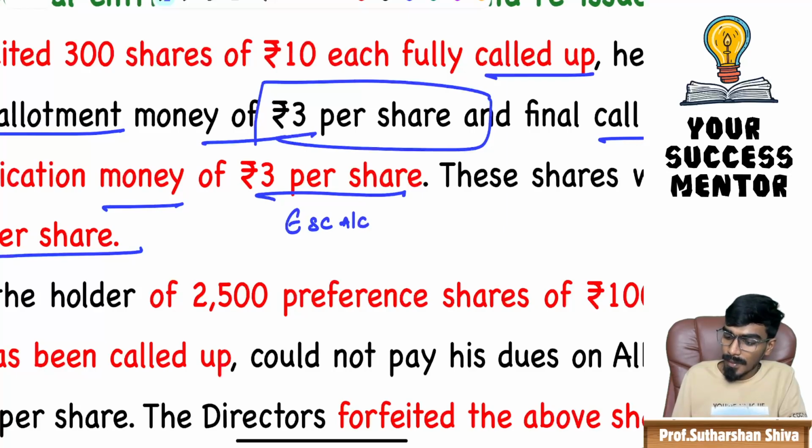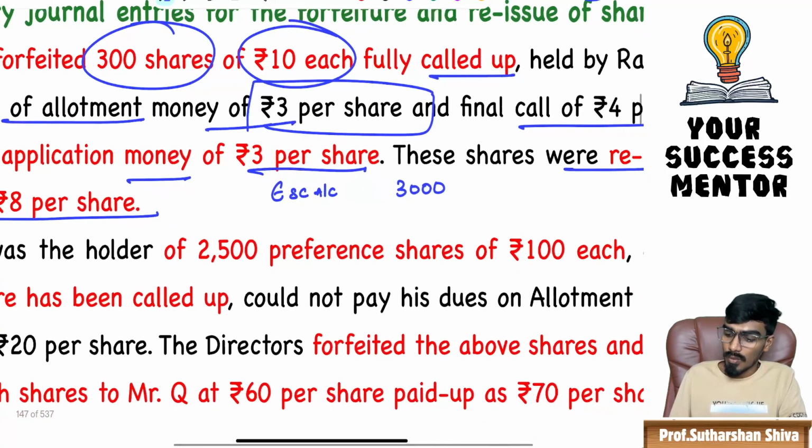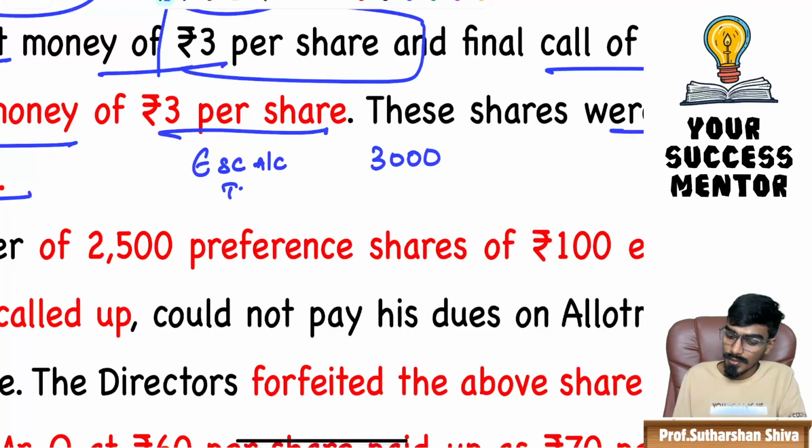Then equity share capital should be debited with 10. So 10 into 300, which will give you 3,000. Correct? 3,000. 300 shares into 10. Now, on that, how much has been paid? 3 rupees. 3 rupees only paid. 300 into 3 rupees, which will give you 900.